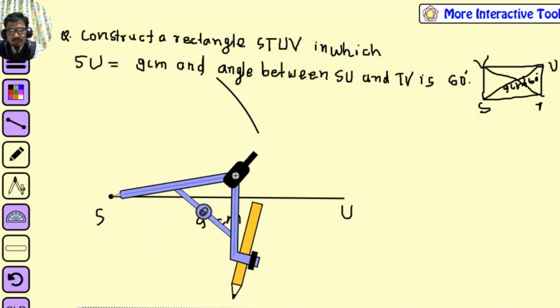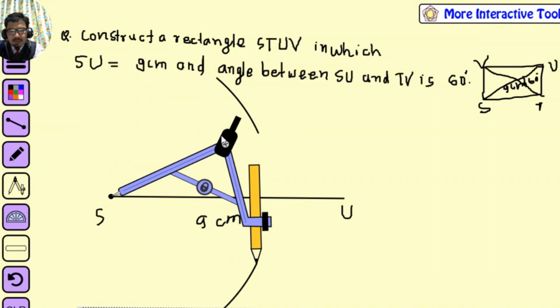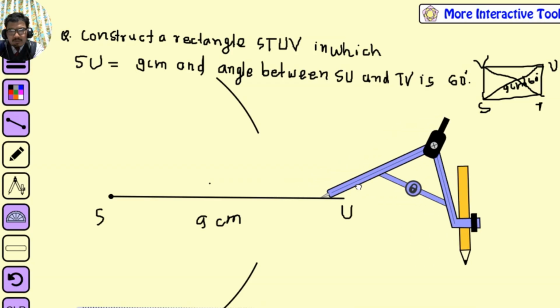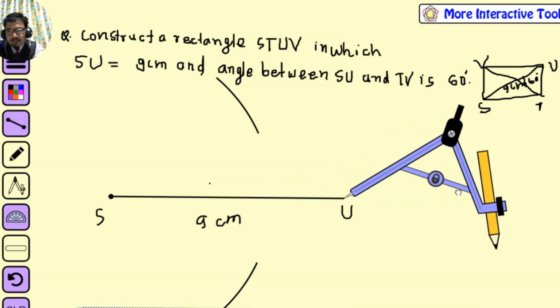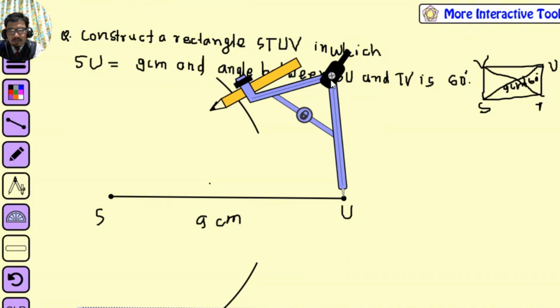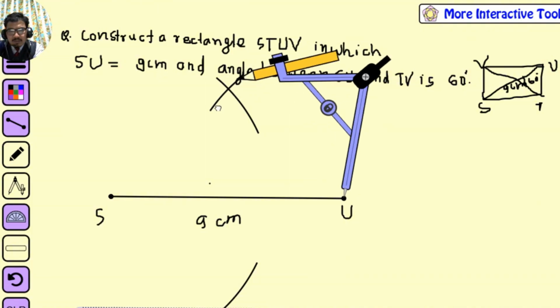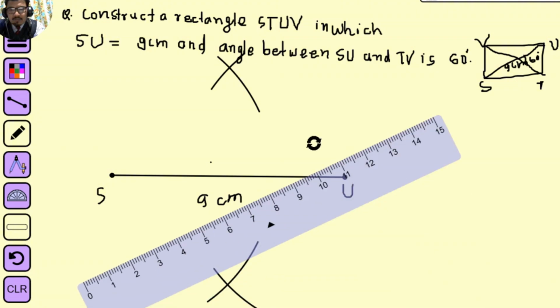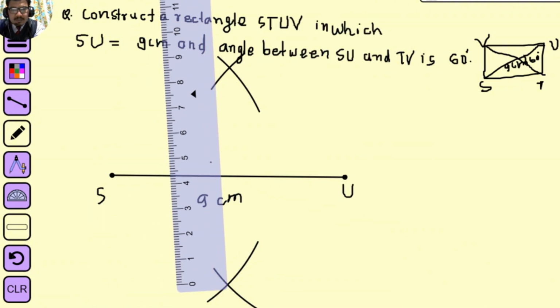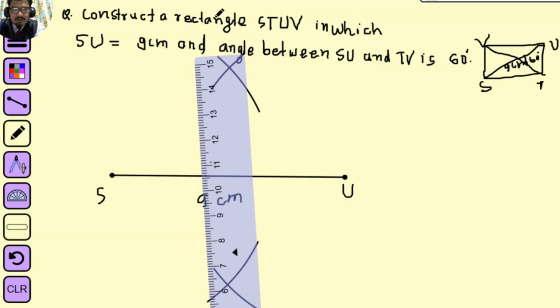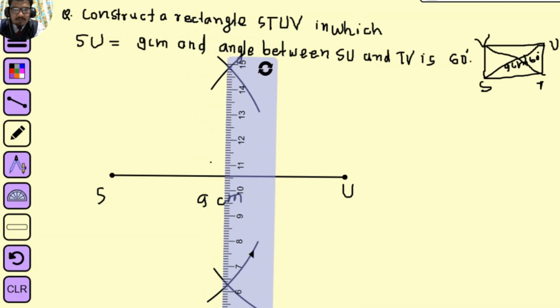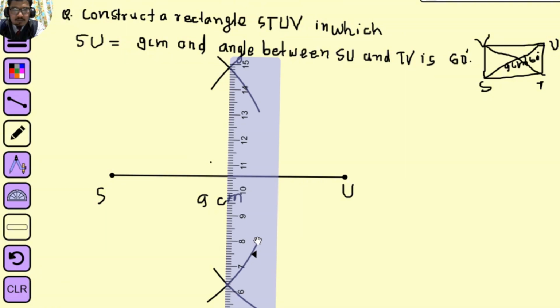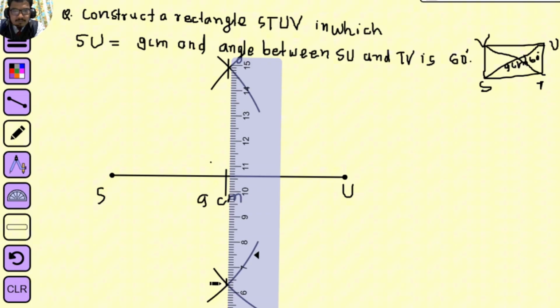Now from U also we are cutting up and down. Then it is bisected, and with the help of a ruler we are joining the bisecting arcs. Put the ruler like this and join, here one and here the middle one.